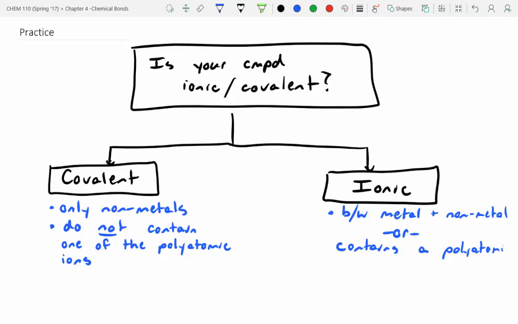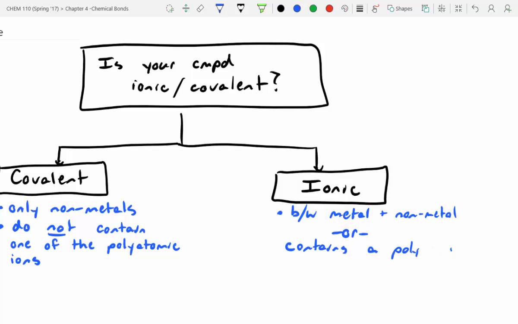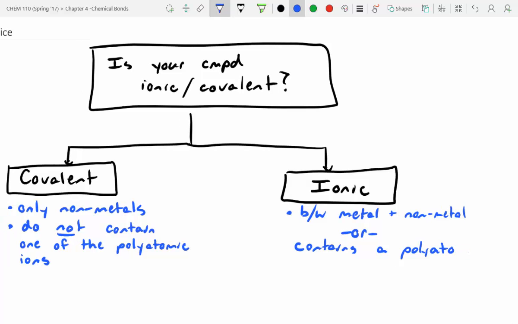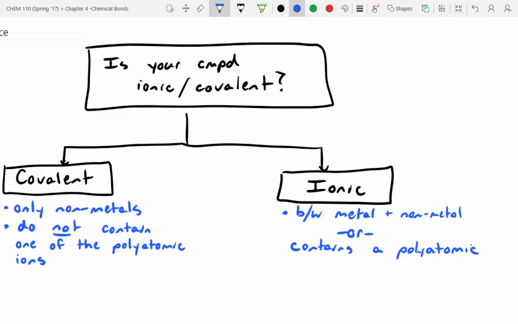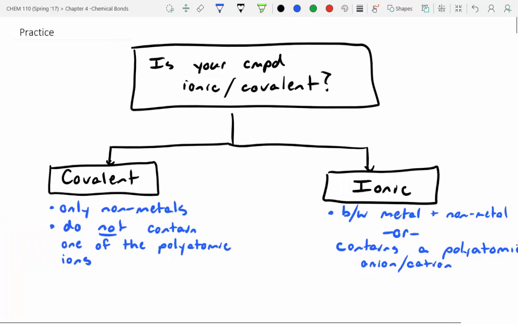Sorry about my handwriting here. Let me scoot this over. Okay, so that's the first thing I do before I get started with naming at all, I try to classify it as covalent or ionic.